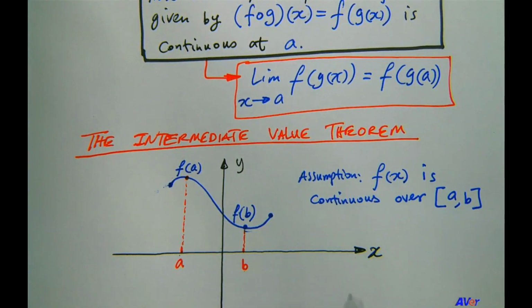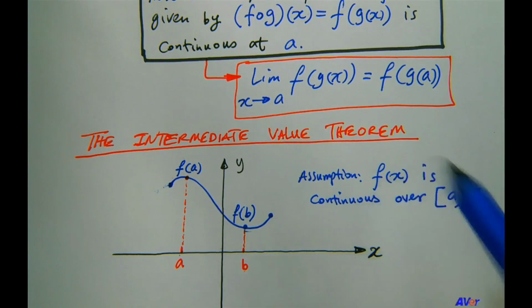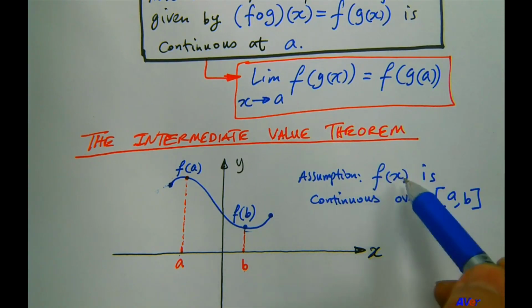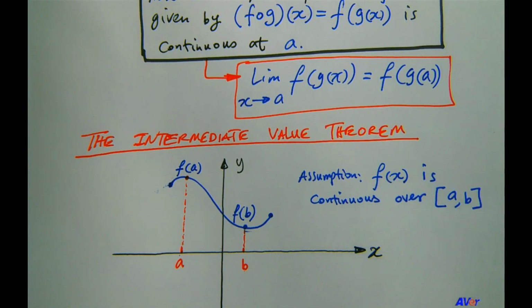If that's the case, then this is the statement behind the intermediate value theorem, we must have some number, let's call it c, in this interval between a and b such that this function does have a value at c.